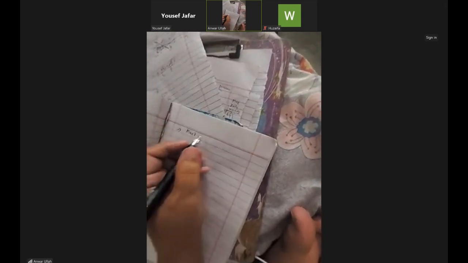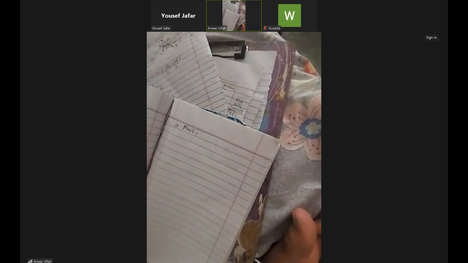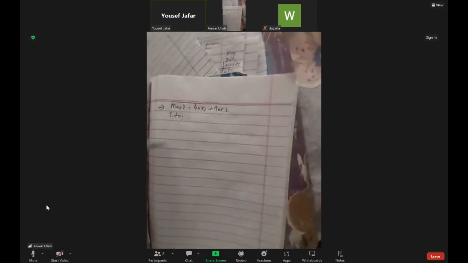Now we will move to the solution. The final form is maximum z is equal to 40 x1 plus 90 x2, subject to. You should know that this is very important: write the mathematical model in this form, because if you do not, you may be deducted marks by the professor. So this is the standard form.